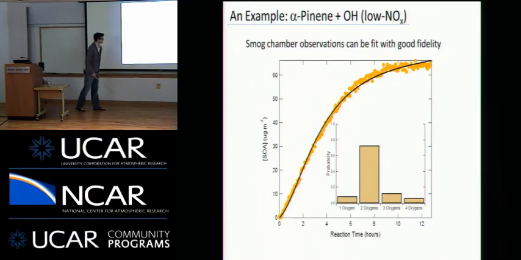But we can also get additional information. It's not just a fitting exercise. It's also trying to understand the chemistry and how well we're retaining it in our formulation. And so here's an example. This is just a bar chart of the probabilities, so these sum up to 1. So the probability of adding 1, 2, 3, or 4 oxygens per reaction with OH in this system on average.